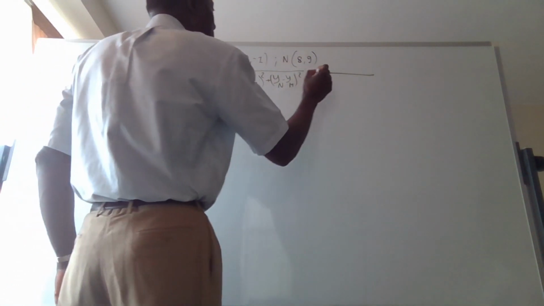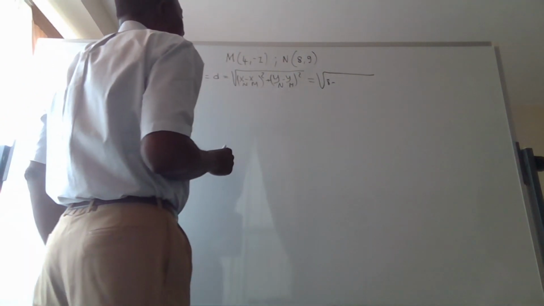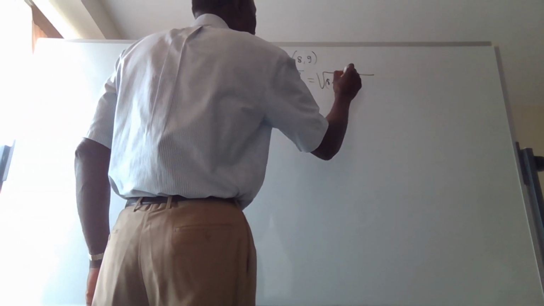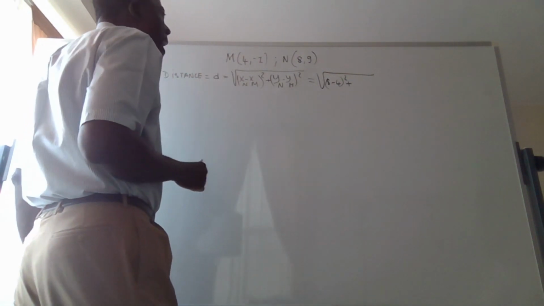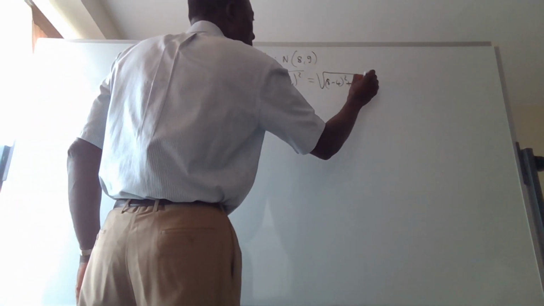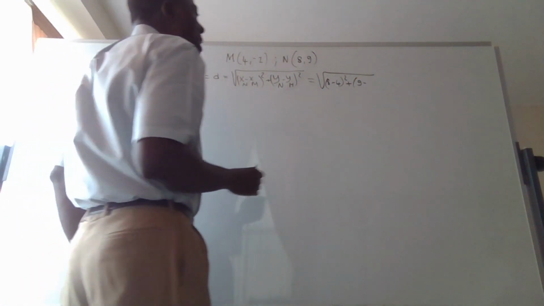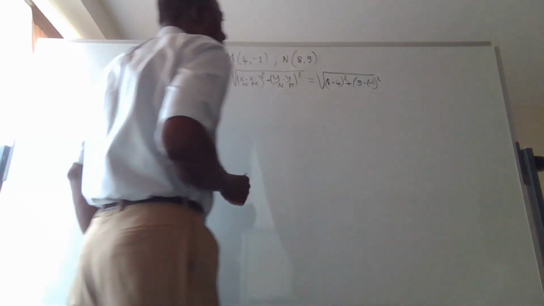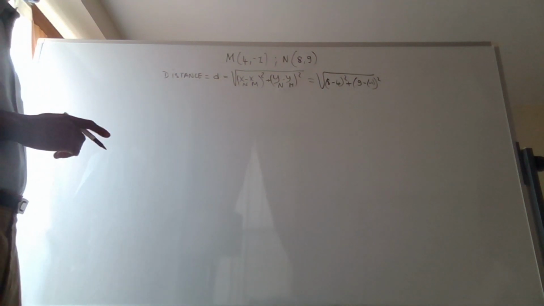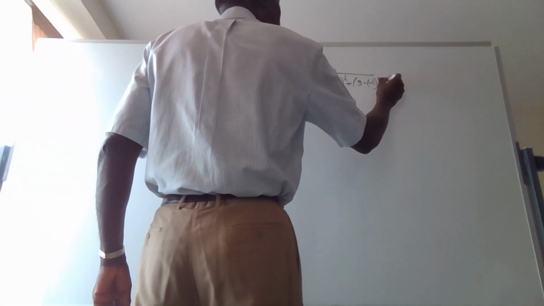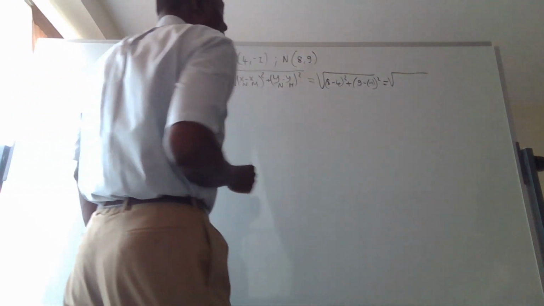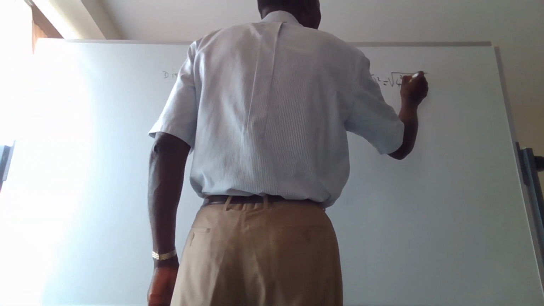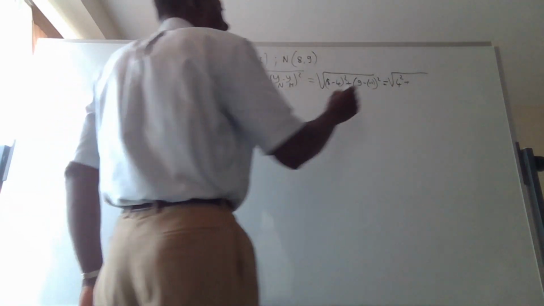So this is equal to the square root of (xN is 8 minus xM is 4) squared plus (yN is 9 minus yM is minus 1) squared. This is the square root of 8 minus 4, which is 4 squared, plus 9 minus (-1), which is 10 squared.